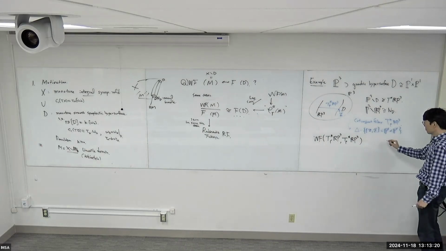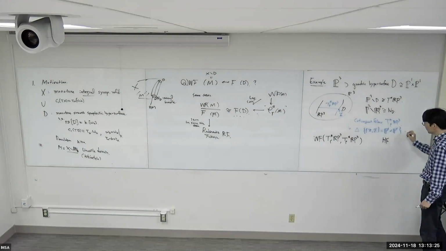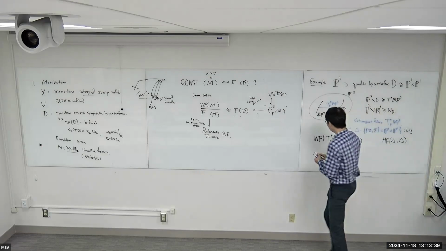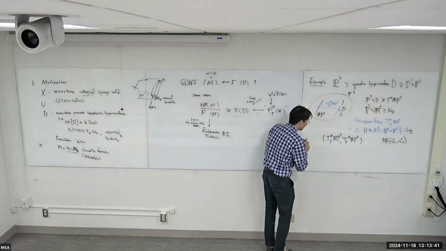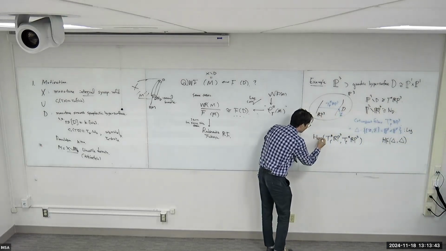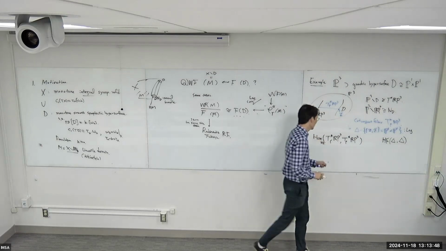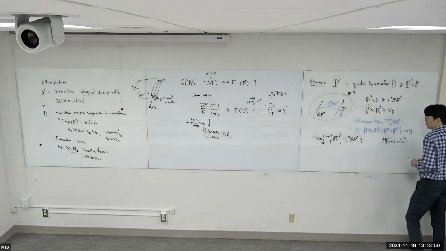And I want to compare it with the Floer homology. This anti-diagonal is Lagrangian in P1 times P1. So this is the Lagrangian Floer homology of this anti-diagonal. This means the hom space in the wrapped Fukaya category, so wrapped Floer homology or self Floer homology.